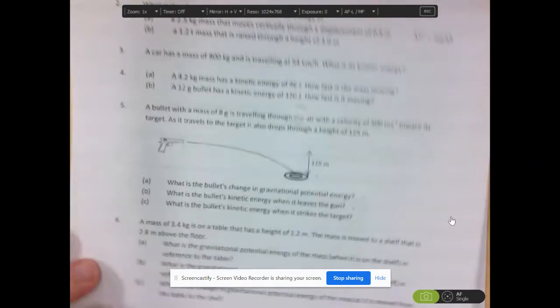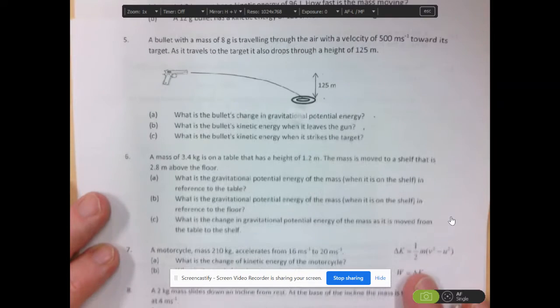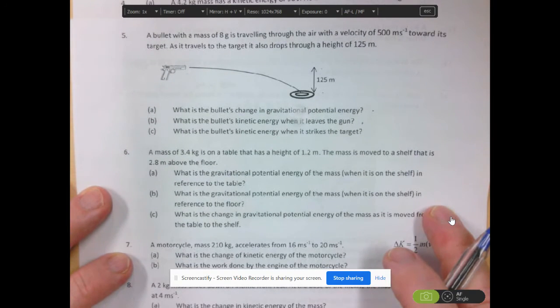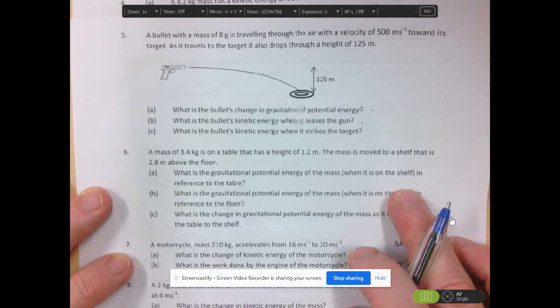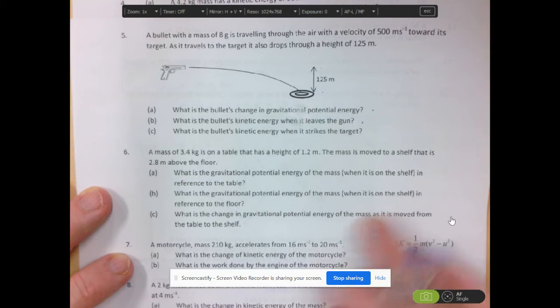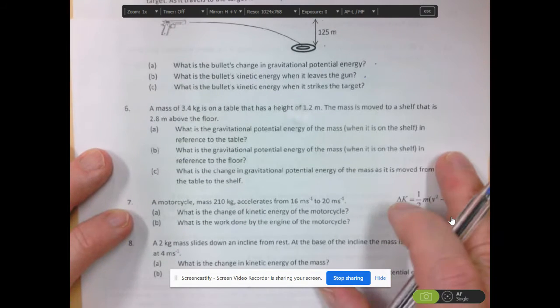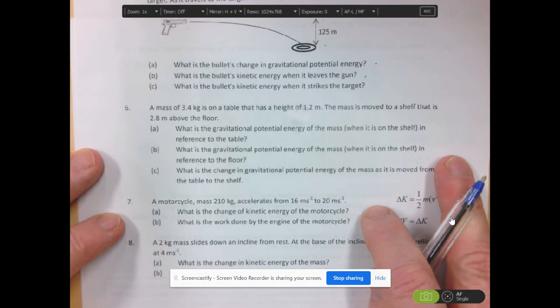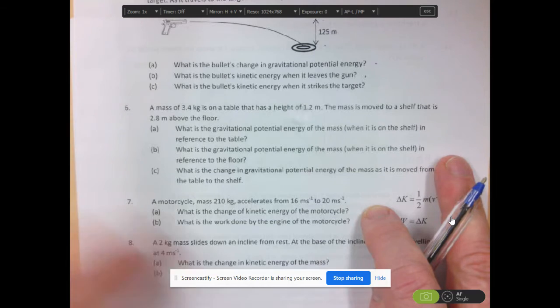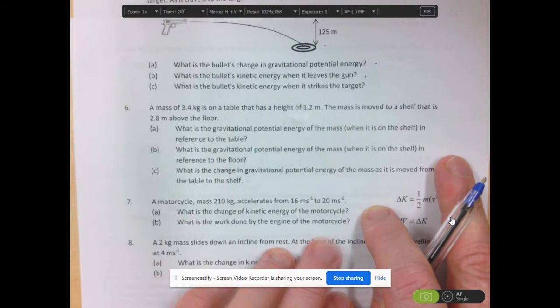At the other end, looking at question 6, 6 is just simply trying to work out gravitational potential energies when I'm telling you to move it from the shelf, from the table, and so on. So if you're confused with that one, draw a little diagram as to where it starts and where it ends as well. Question 7 is checking whether or not you remember that work done is the change of kinetic energy.